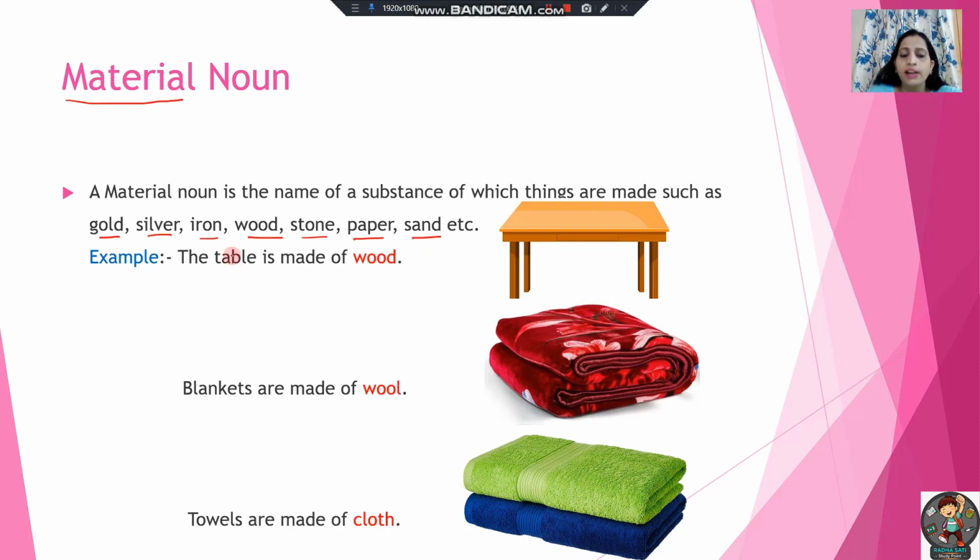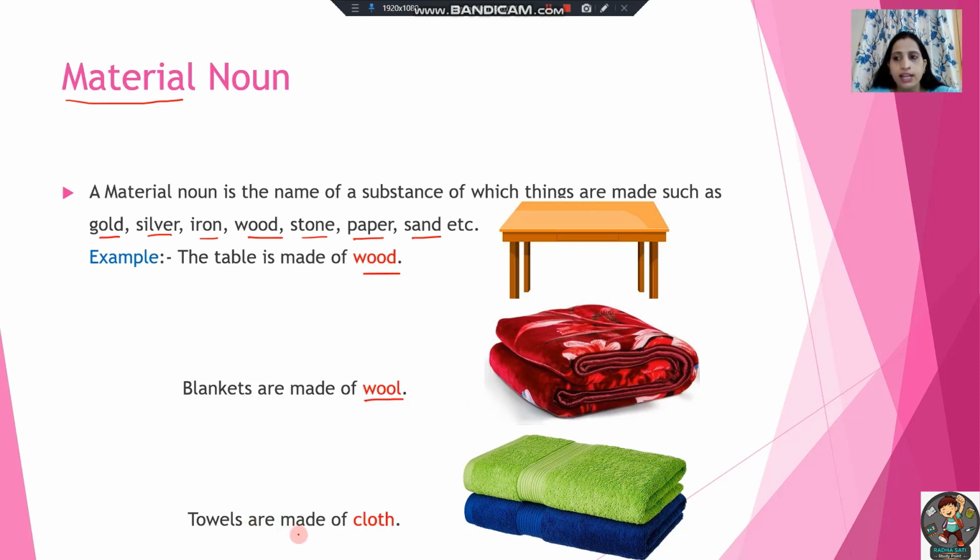For example, in the first you can see the table is made of wood. Table किस चीज का बना हुआ है? Wood. So the word wood will be a material noun here. Now the next one, blankets are made of wool. Blankets किस चीज से बनते हैं? By using wool. So wool is the name of a substance by which blankets are made here. So that's why wool will be a material noun here.